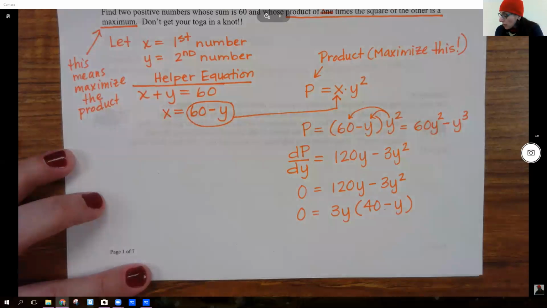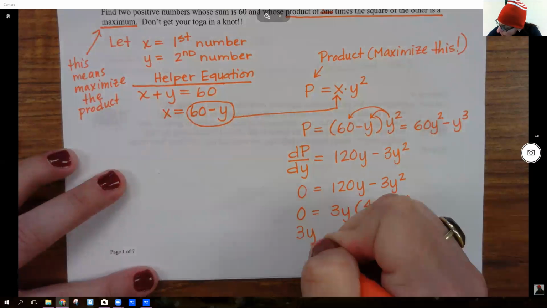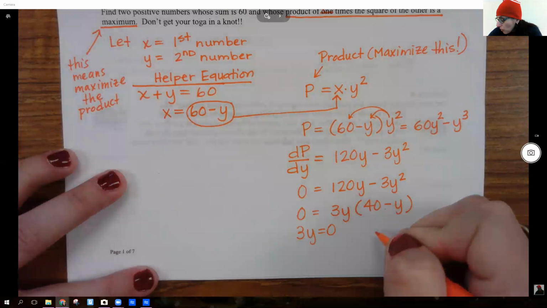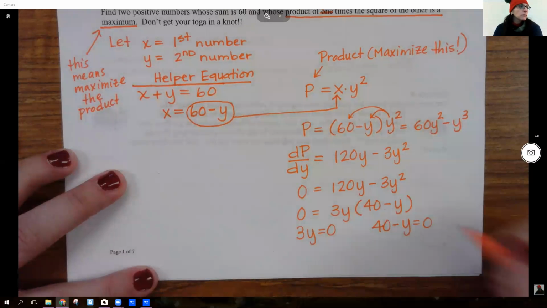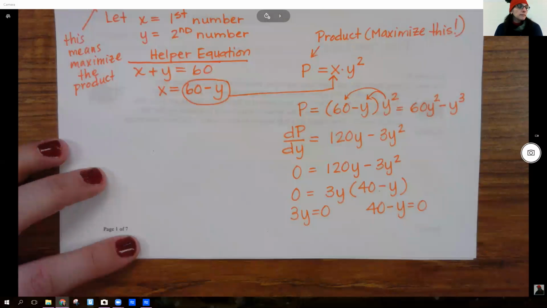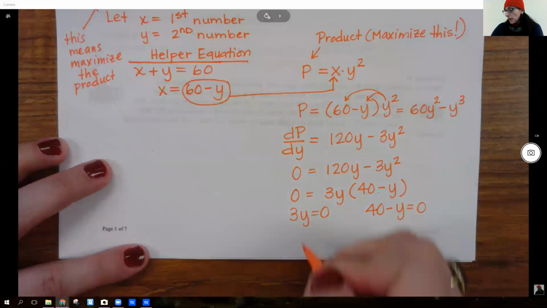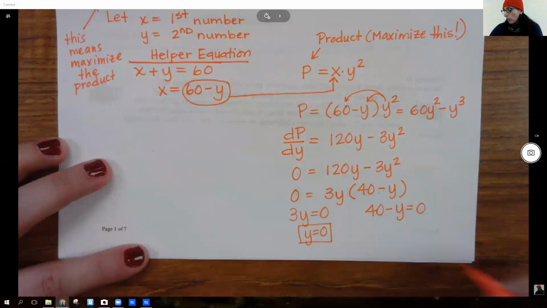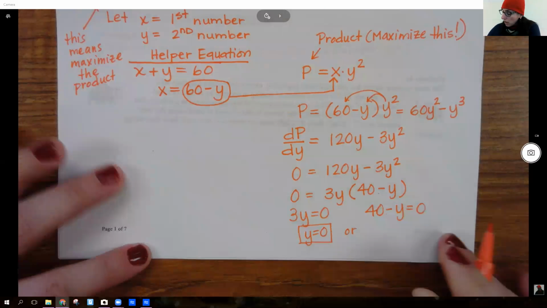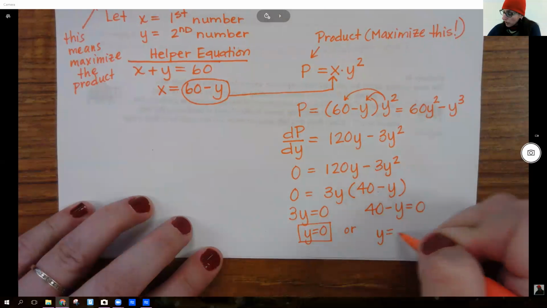Yeah, check me on that. And then you set each factor equal to 0. So 3y equals 0 or 40 minus y equals 0. Divide by 3, y is equal to 0, or over here, y is equal to 40.